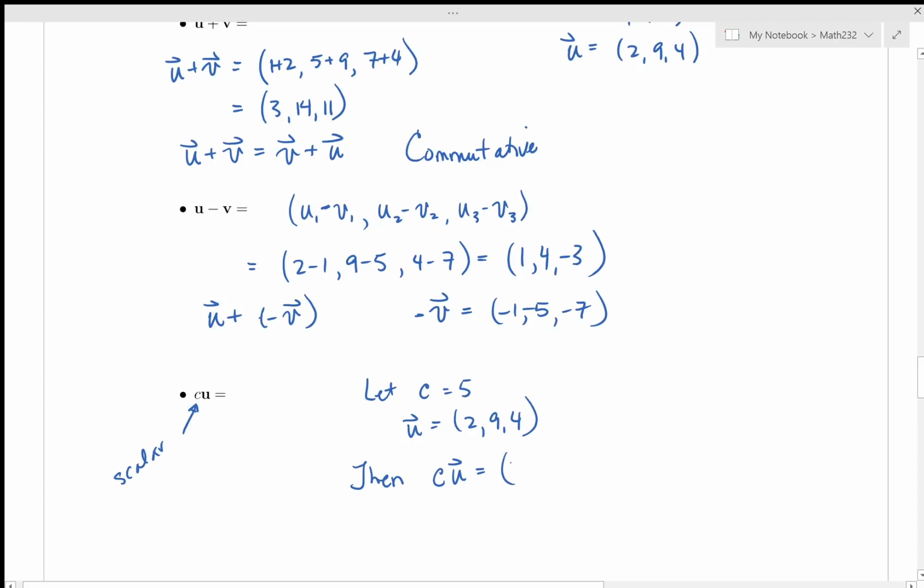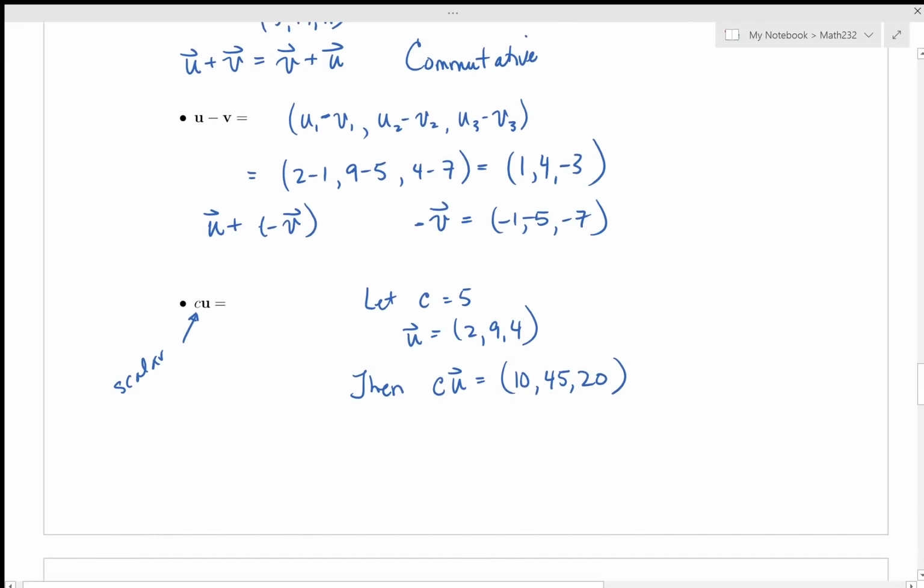So it will be 2 times 5, giving me 10, 9 times 5, and 4 times 5. When I want to multiply a vector by a scalar, I multiply each one of the components by that scalar. In general, it looks like this: c times u1, c times u2, and so on, however many numbers are in there. I go through them all.